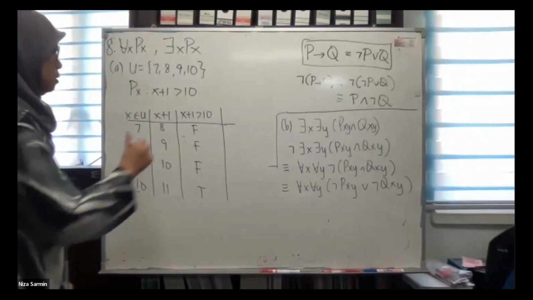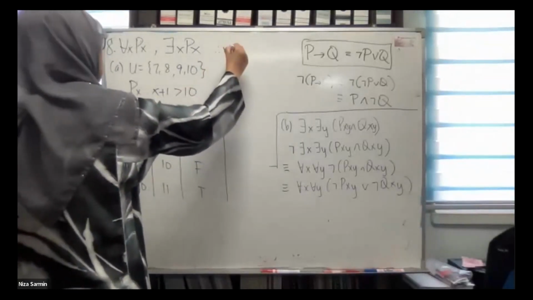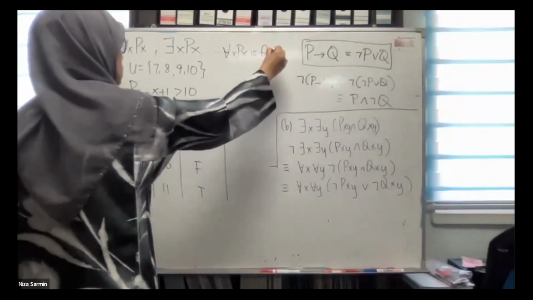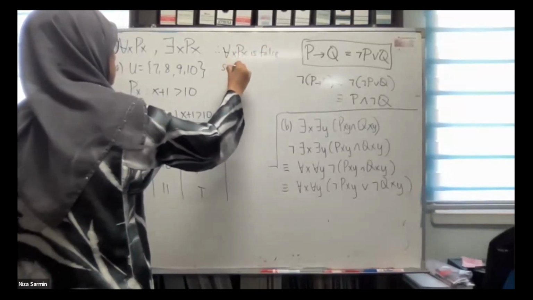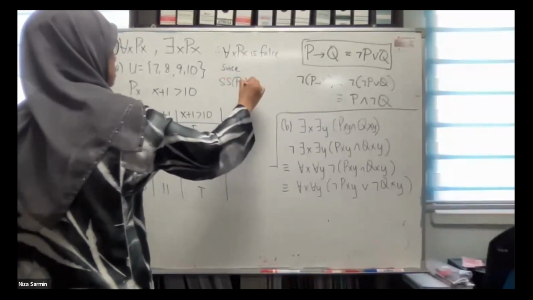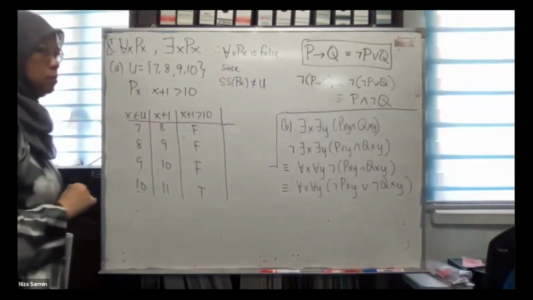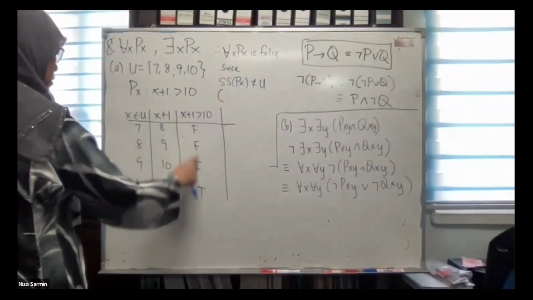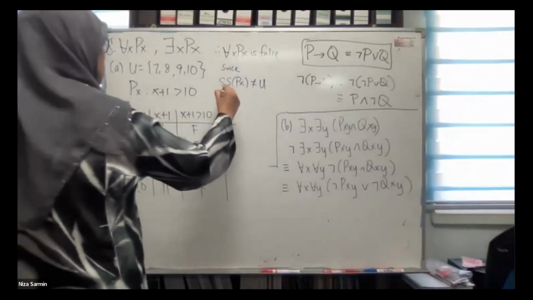So, for all X, Px is false since the solution set of Px is not U. Or you say 7, 8, 9.